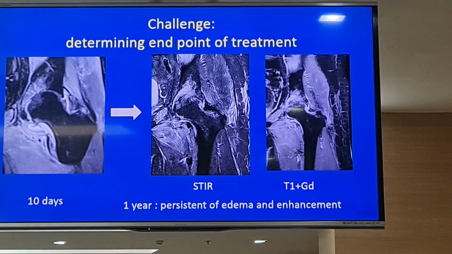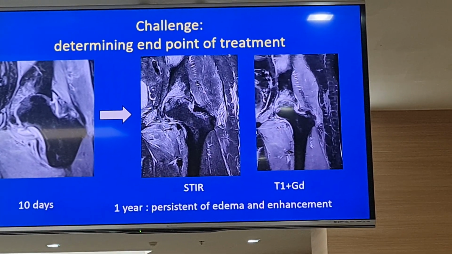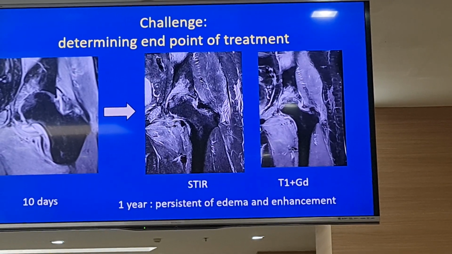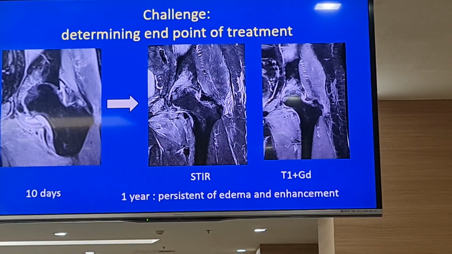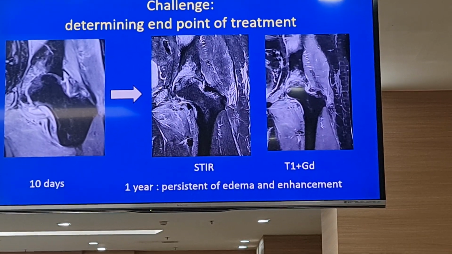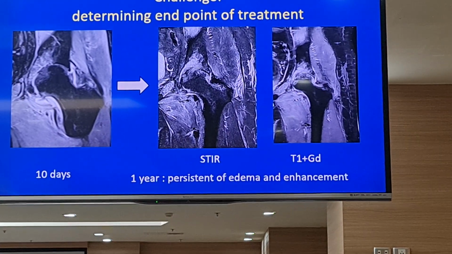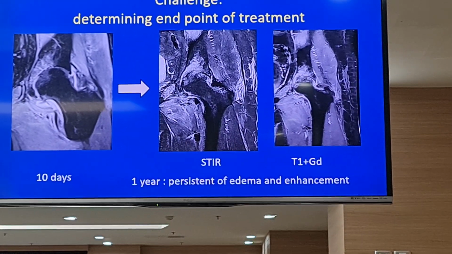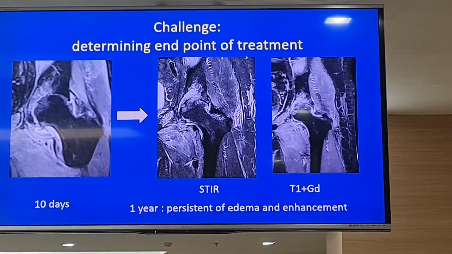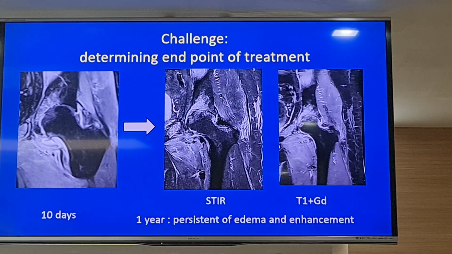And at 1 year follow-up study, the change in bones, both in fluid-sensitive sequence and enhancement, still persists, even with no sign of infection at all. So this is a challenge point in our practice: after the infection, even when infection subsides, you get the other disease, which means osteoarthritis, and it can make the change persist.